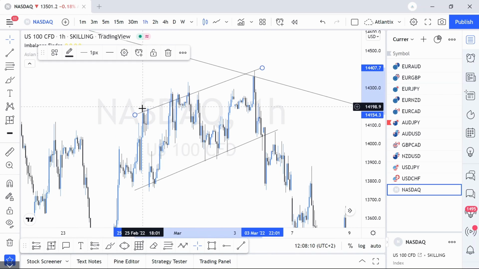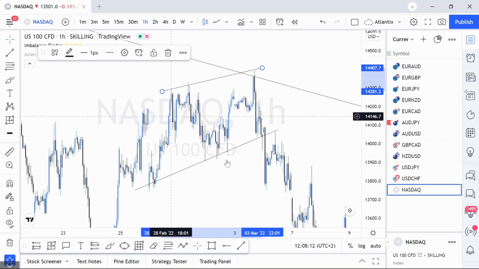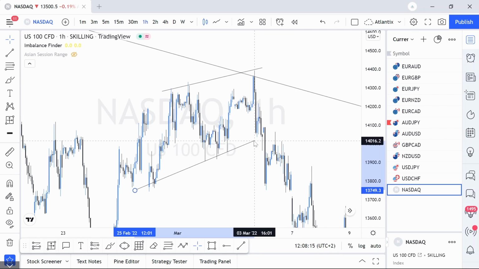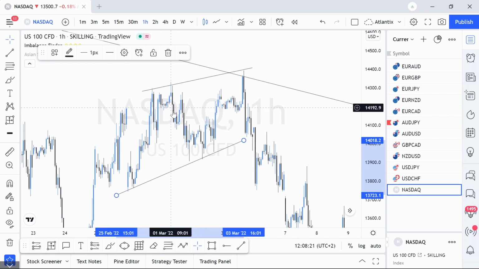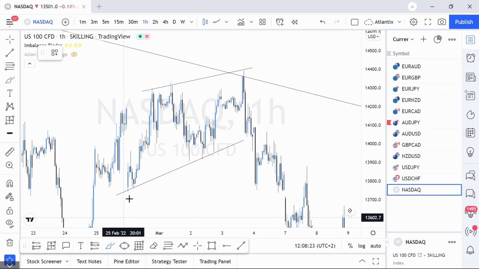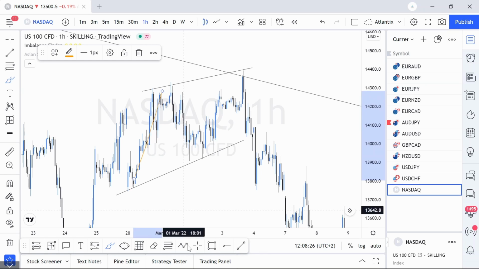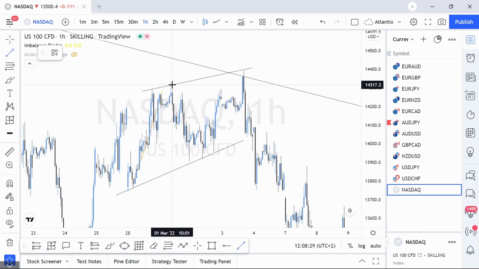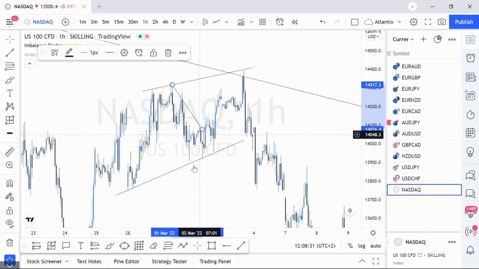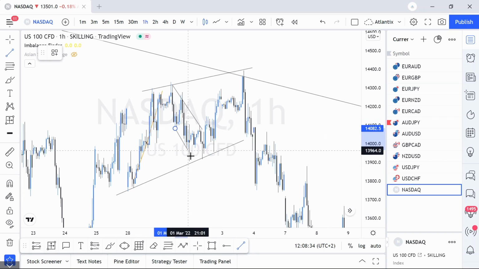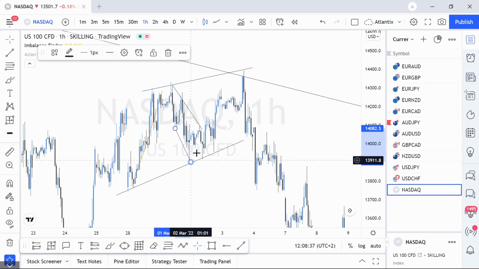Okay, let's connect the recent points and try not to cut into the bodies, right? In as much as this is choppy, you can also identify that you've got a bit of a strong move up, and then whenever price comes down, there's a number of candles. It's a bit weird to spot what the market is doing.